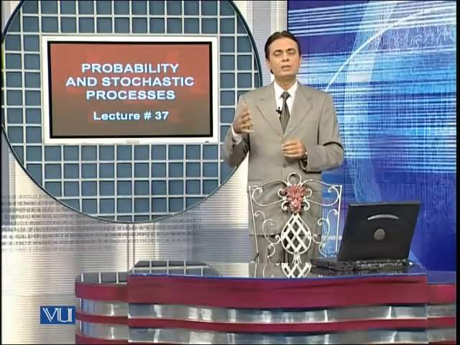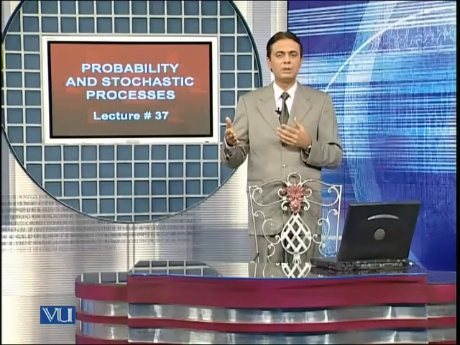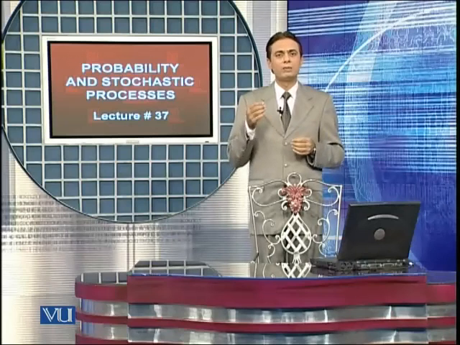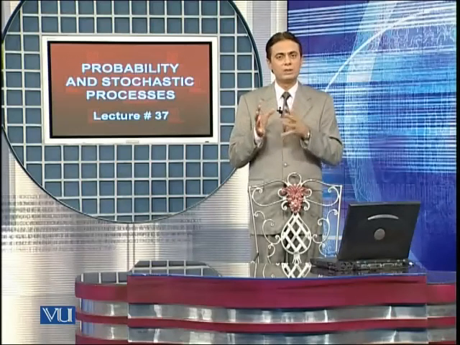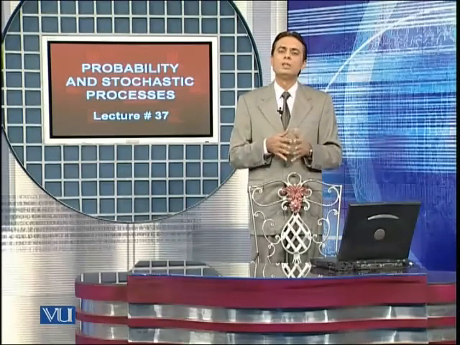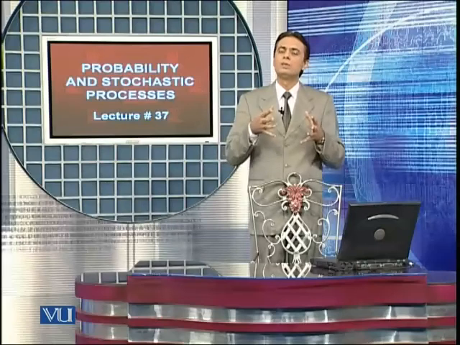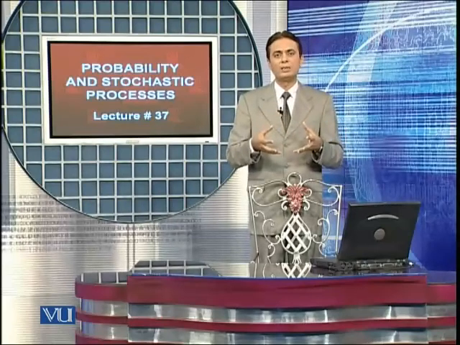So if we are trying to analyze the behavior of the nth random variable, all we need is the value of the n minus first random variable, because that random variable captures the whole history of the evolution of this collection of random variables, the way they realize their values.